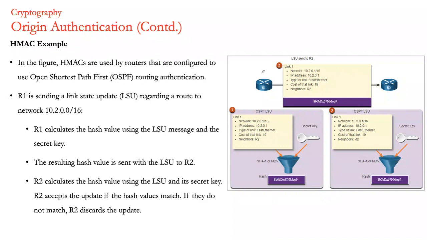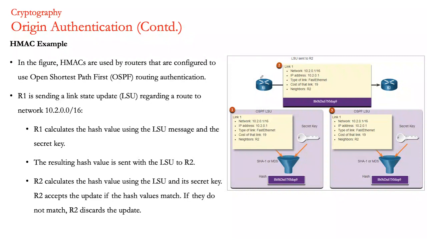So assume that router 1 is trying to share this information about the link state algorithm, that is the shortest path first algorithm, routing information of network address 10.2.0.1, with 16 bits for network address and the remaining 16 bits for host address. The IP address of R1 is 10.2.0.1. The type of link is fast Ethernet, so some information is there.